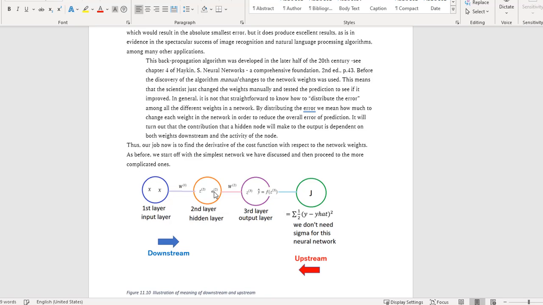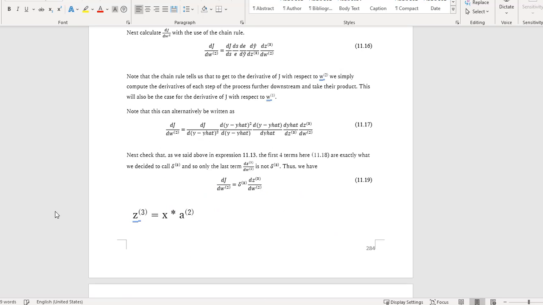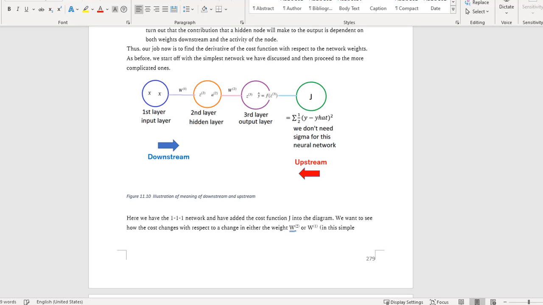That's often what's said in this setting: the update here is a function of, or is dependent on, the size of the input at this point. Okay, so anyway, here's the formula. If we think of this part as a constant, and this resolves just to A2, we get this constant times A2, and that's what the derivative of J with respect to W2 will be.